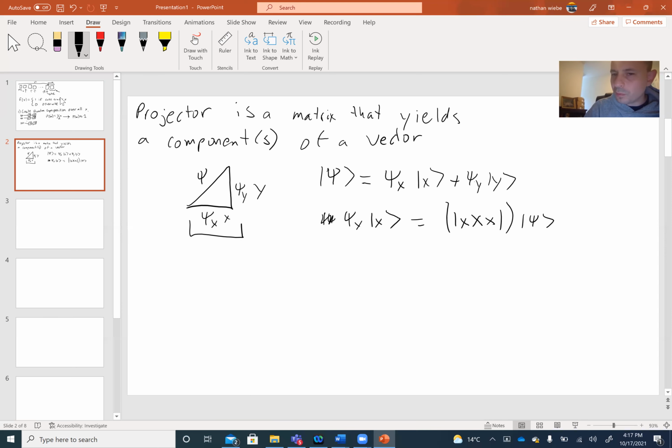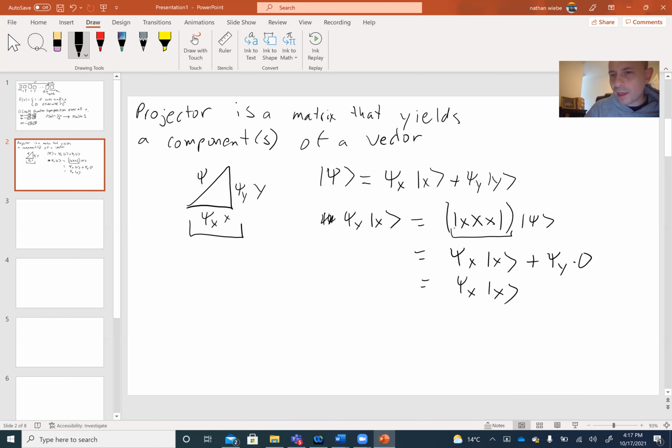If we go through and do this multiplication, we end up finding that this is psi x plus psi y times 0, which is just psi x. So you can see these objects in here act as projectors.